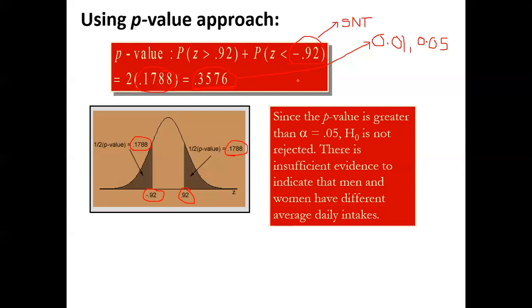So since the p-value is greater than alpha 0.05, and also 0.01, because we can refer to both significance cutoff points, 0.01 and 0.05, the p-value is 0.3576.